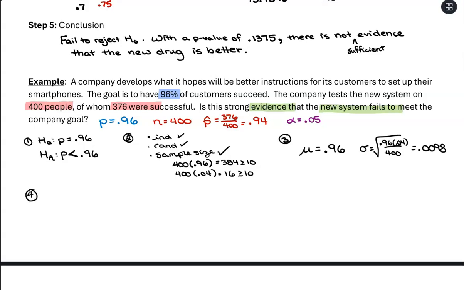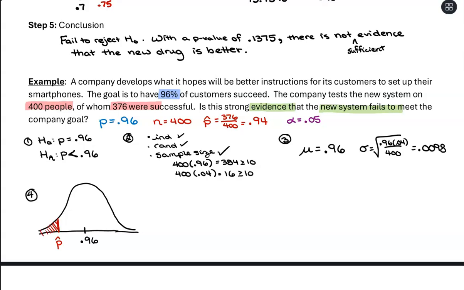So for finding our p-value, what this means is we're setting up our distribution. We have our mean and standard deviation. It's all going to be centered around that 0.96. And now is the point where I want to see what's happening with my sample proportion, which is landing off to the left here. And because we want to prove that the proportion is smaller than 0.96, we want to look at that left tail.